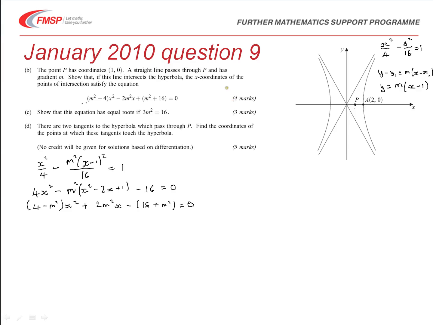So how do we get the 4 marks there? Well, for knowing or managing to find the equation of this straight line would give us 1 mark as a statement. Then eliminating the y's by getting this statement in our first line would give us an appropriate method mark at this point.